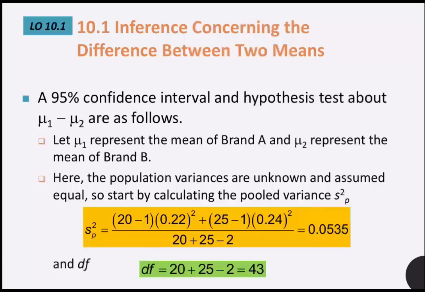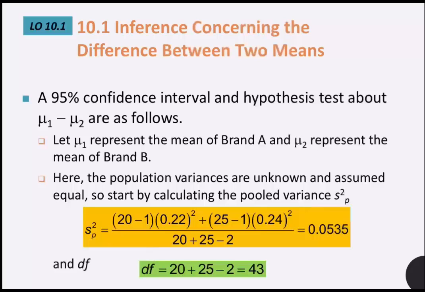So in the case in front of you here, what you've got is basically n minus 1 times 0.22, which is the variance for group 1, plus the n for the second group minus 1 times the variance for the second group, both of those squared. I'm not sure if I said that before. Then we're going to divide that by n plus n minus 2.